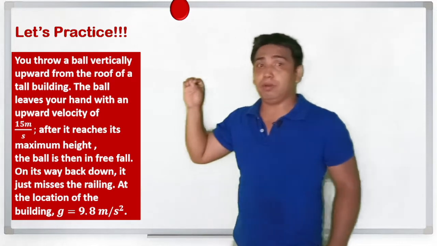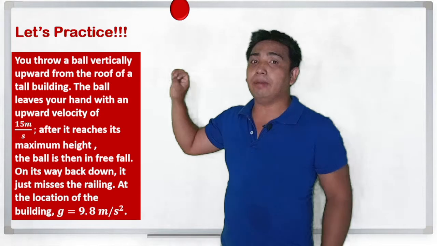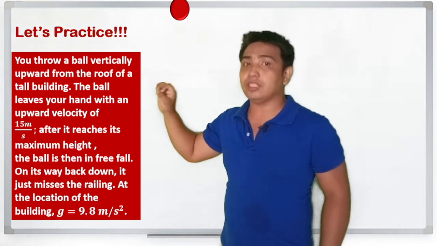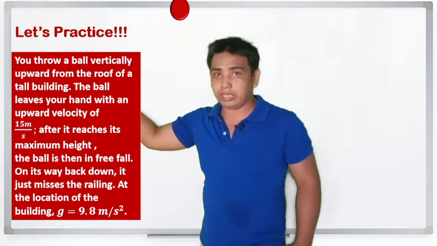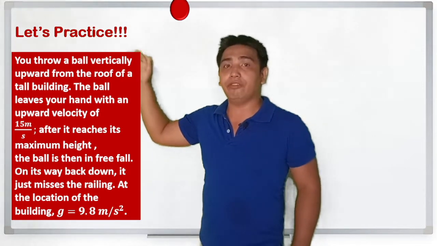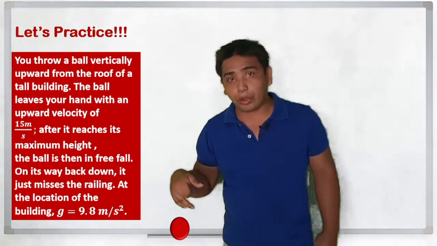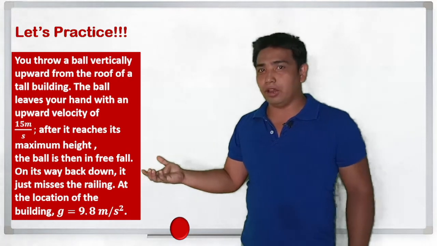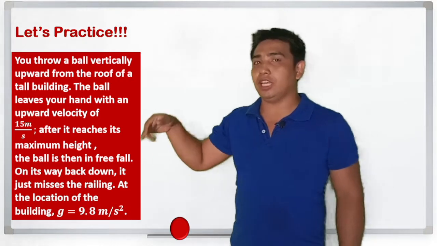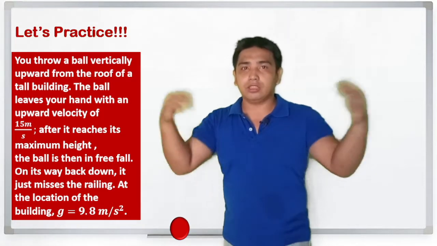At that point, the earth is always exerting its gravitational pull on any object, so the ball will start falling downward. On its way back down to your hand, you miss catching it, so the ball continuously falls towards the ground. So that's the scenario.